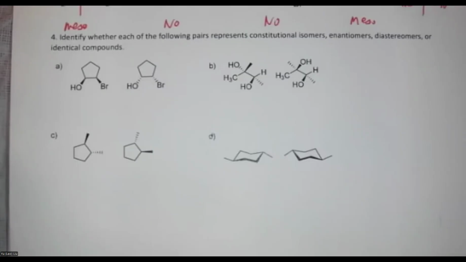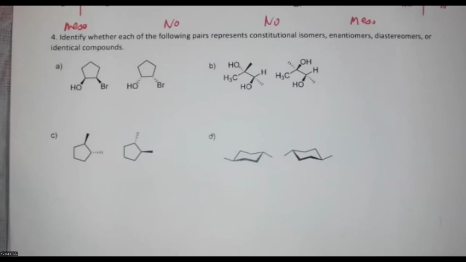If you can directly visualize the relationship between the two compounds, are they superposable? Are they just mirror images, non-superposable? That's the best way. If you cannot visualize the relationship, then you can do the RS assignment.